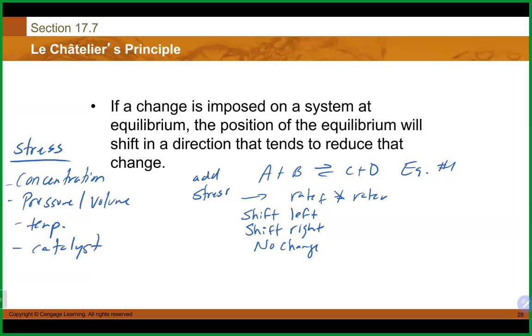So these are a few things that we could do to a system to really stress it out, and it will mess up that equilibrium. It will want to adjust one way or the other. And eventually this will return back to a state of equilibrium. So it'll come back to a second state of equilibrium where, again, the forward reaction and reverse reaction will equal each other.